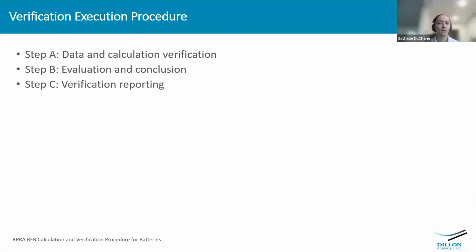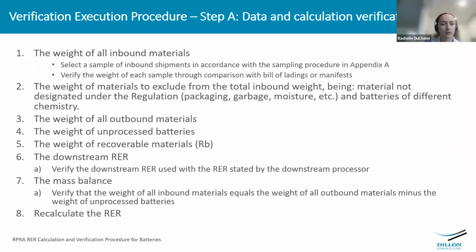And then just to get into a bit more detail on the verification procedure, there's 3 steps. So step A has probably the most details, but we're going to break them down step by step. So the first one here is step A, so data and calculation verification. We have 8 steps for the verifier to follow, which you can read through, but includes the weight of inbound, outbound materials, unprocessed batteries, recoverable materials.